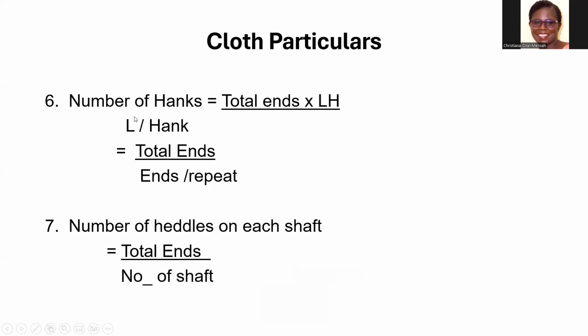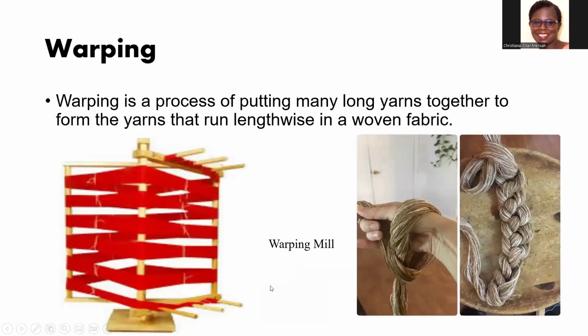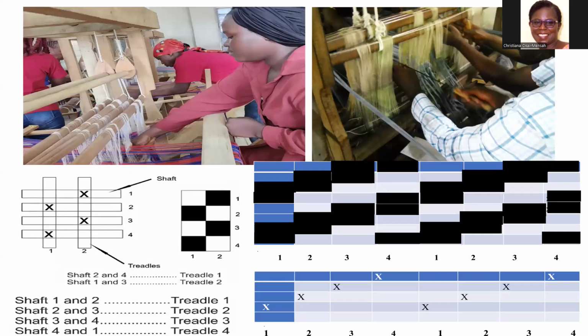So the number of hands, I think I have done this. Then the number of pedals on each shaft. You know the shafts, they are 4. You see, these are the shafts: 1, 2, 3, 4.